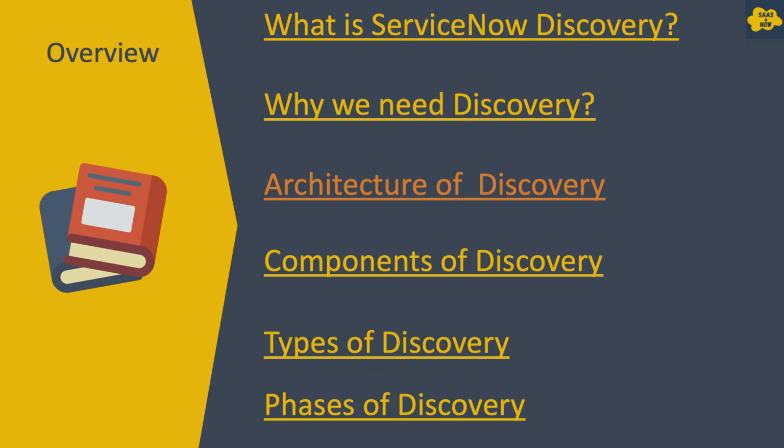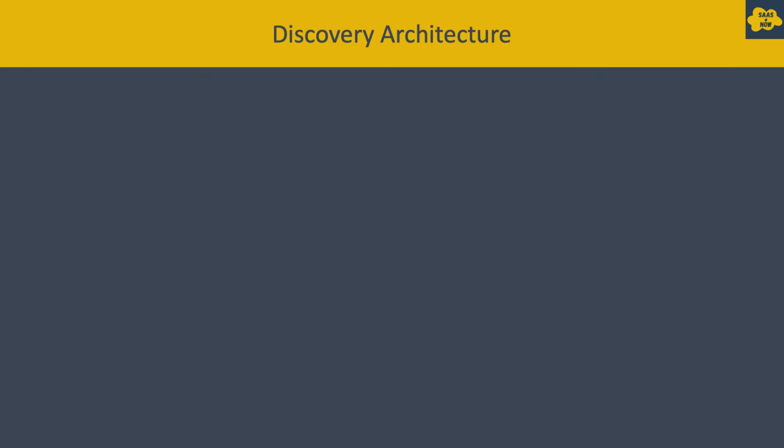The next topic for this section is the architecture of discovery. If you have to work on discovery or implement discovery, it's really important that you are aware of its architecture. Most of the organizations have cloud ServiceNow, which means it is hosted in the ServiceNow data center and it cannot access the network of the organization directly.